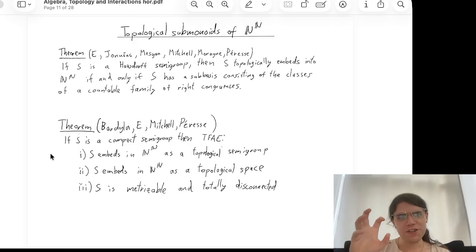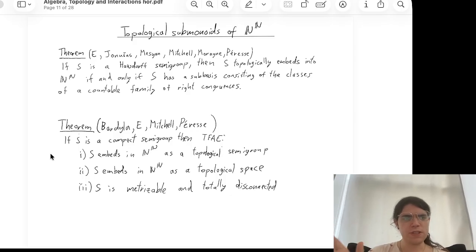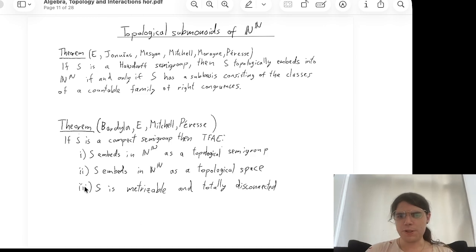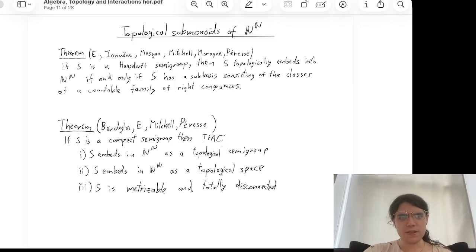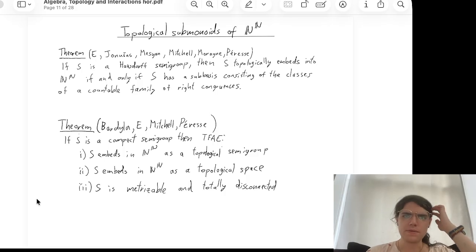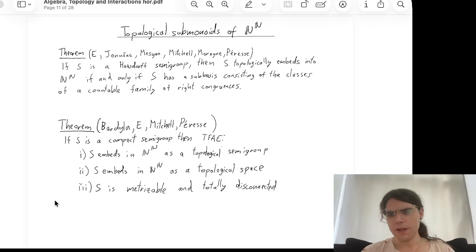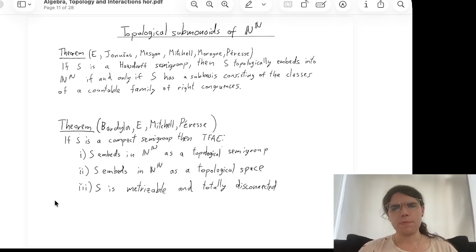So the algebraic structure actually doesn't serve as an obstacle at all. It's entirely the topological structure. In particular, the subspaces of N^N as a space are very well understood. So a compact semigroup embeds into N^N precisely if it's a metrizable and totally disconnected semigroup, which is pretty cool.